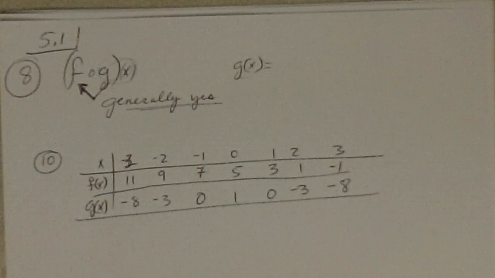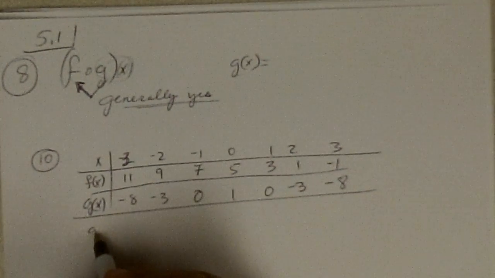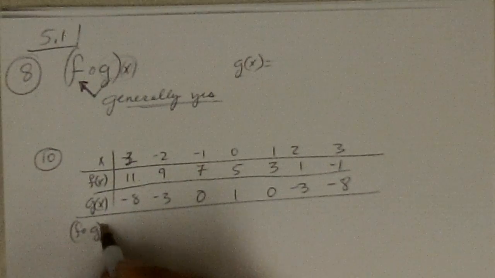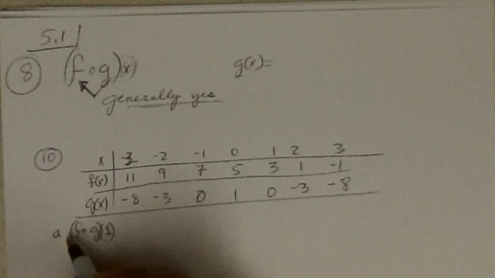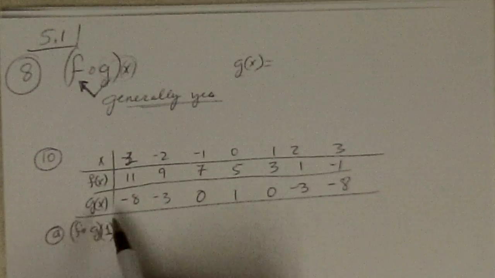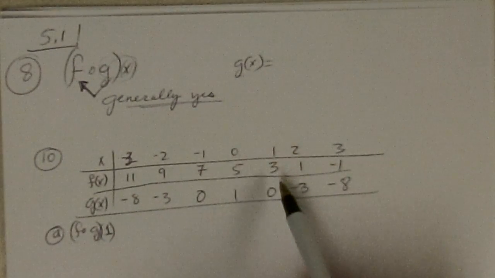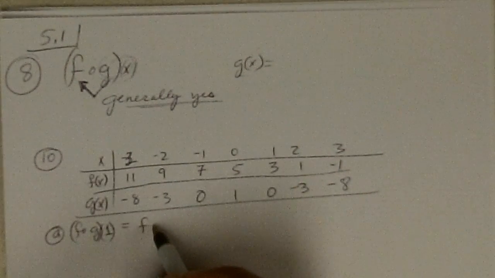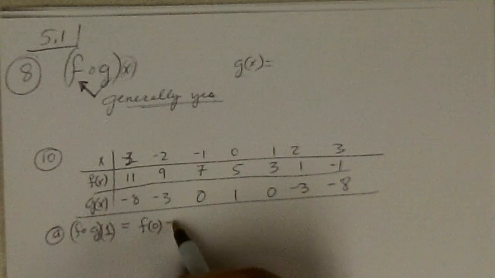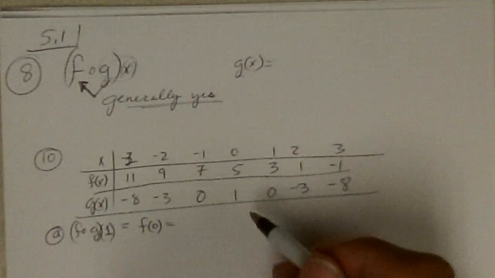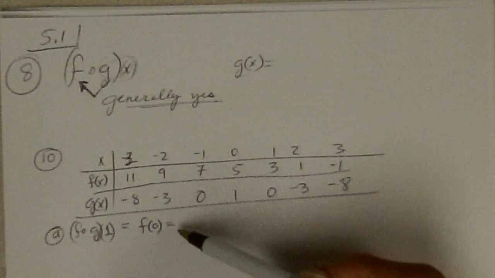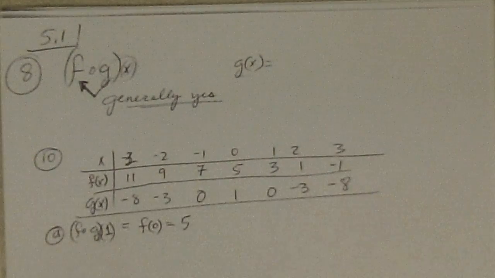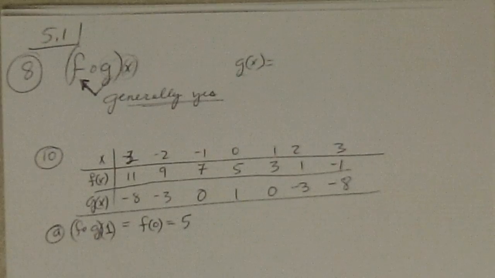Now, it said find f composite g of 1. And so to do that, you put 1 into G. So 1 into G gives you 0. So this becomes f of 0, and if you put 0 into f, you get 5. Okay?